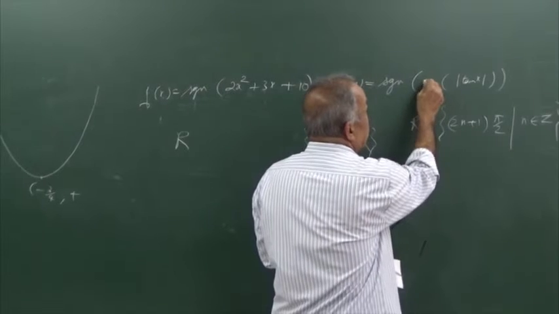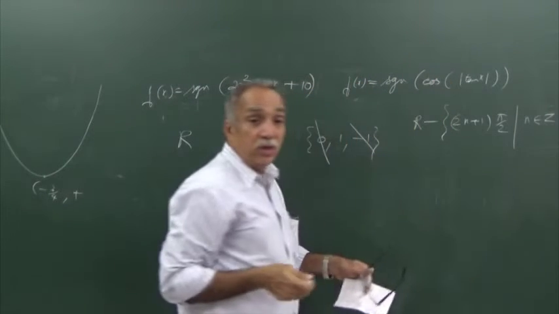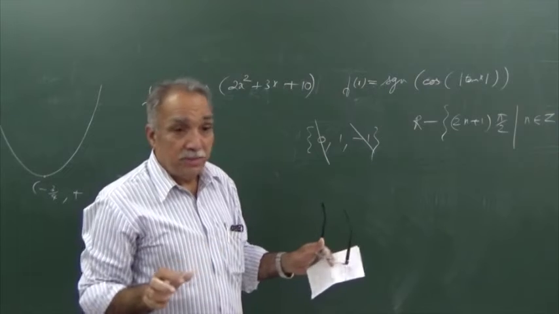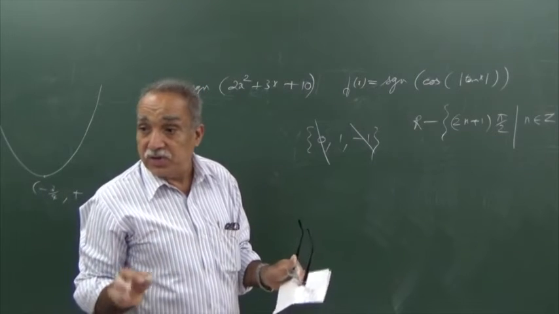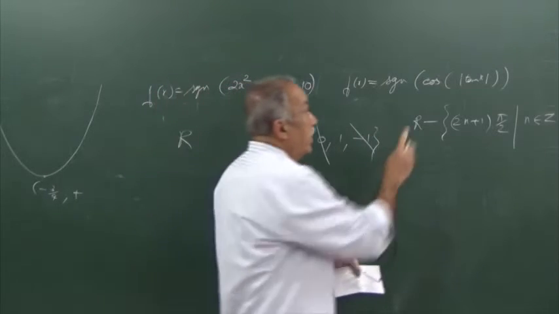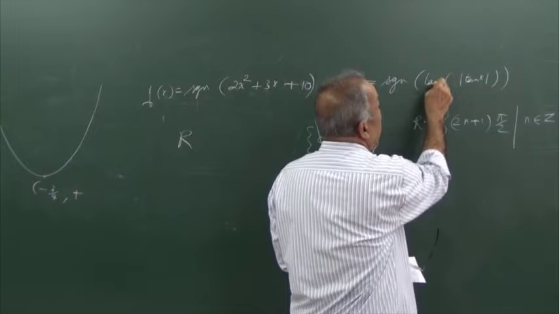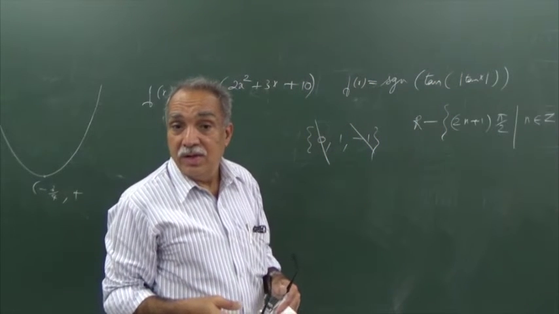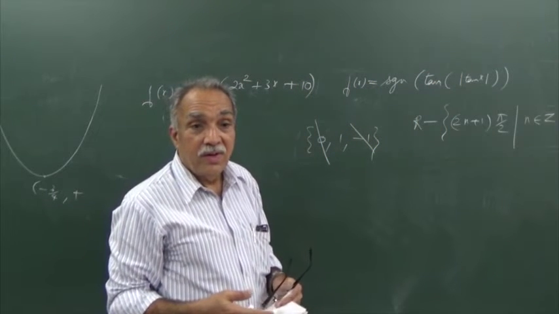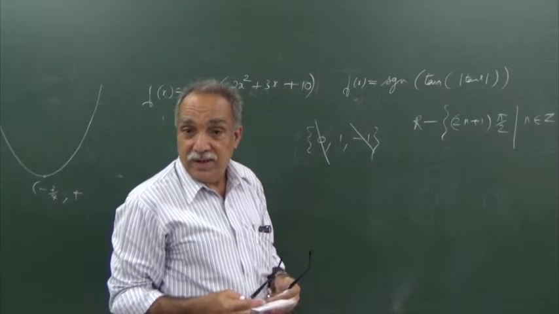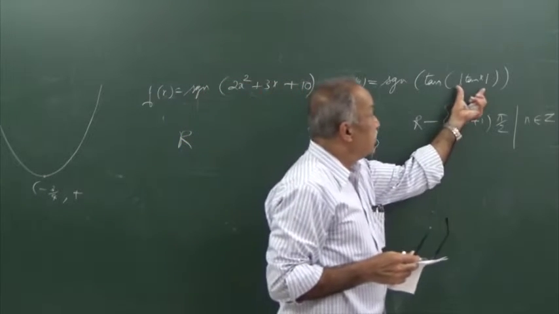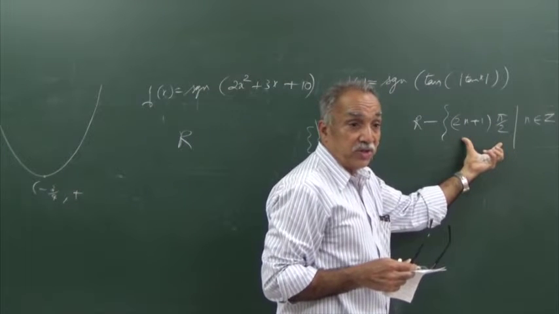Will there be any change in any of your conclusions now? No. All things remain the same. Both domain and range remain the same. Okay. Now, yes, there will be, which may be difficult to find out. This is undefined at these points.